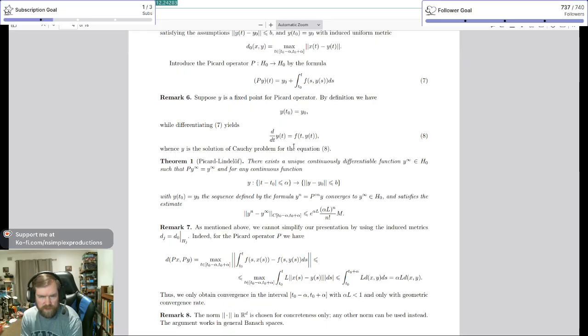As mentioned above, we cannot simplify our presentation by using the induced matrices d sub j equals d sub 0 on H sub j.